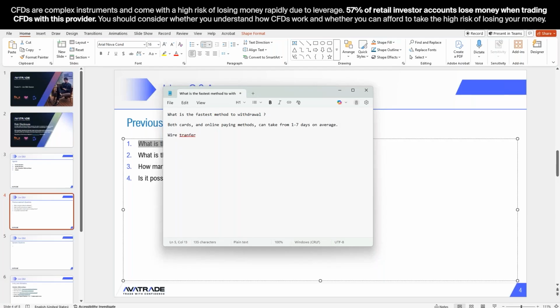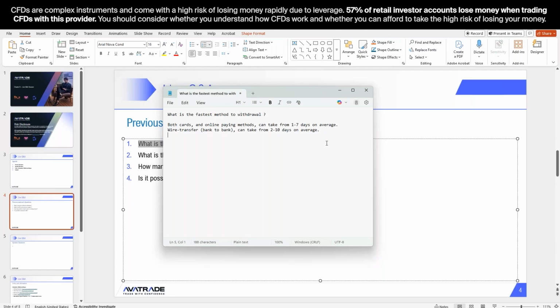Wire transfer, and of course bank to bank, can take from 2 days to even sometimes 10 days on average. Again, this could be less, this could be more, this could be 3 days, this could be even 4 days.